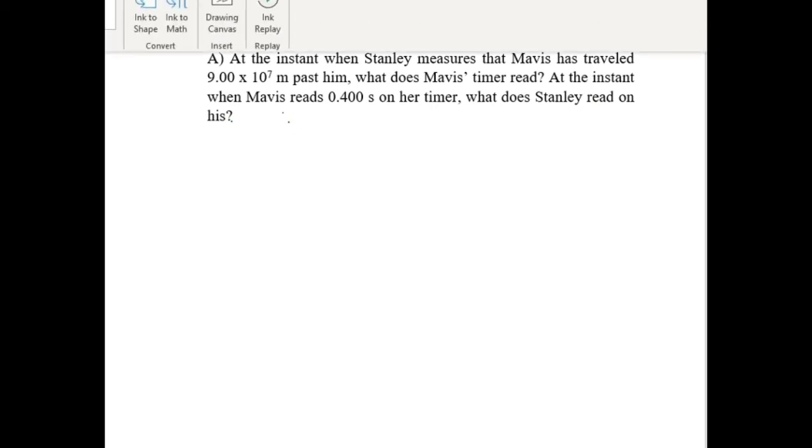So, solve muna natin yung timer reading ni Stanley on Earth. So, we have here the velocity equals yung proper length niya divided by delta t. Wherein ang delta t natin here is measured by Stanley.